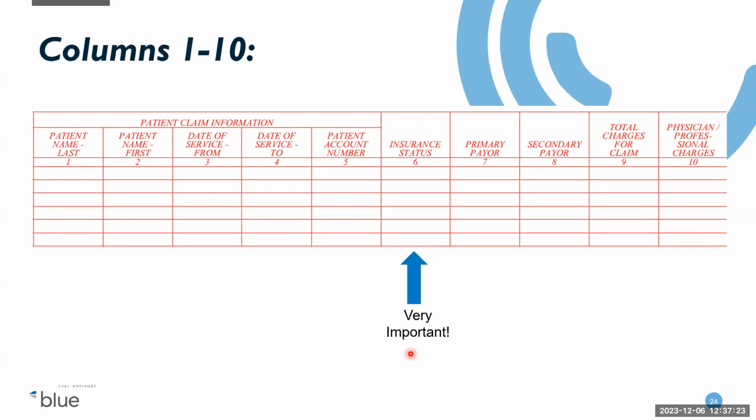If it is an uninsured patient, you put a 1. Number 1 equals uninsured. Where the difference is, if it's an insured patient but the charity write-off was related to something other than the deductible, coinsurance, or copay amount, they want you to put a number 2.